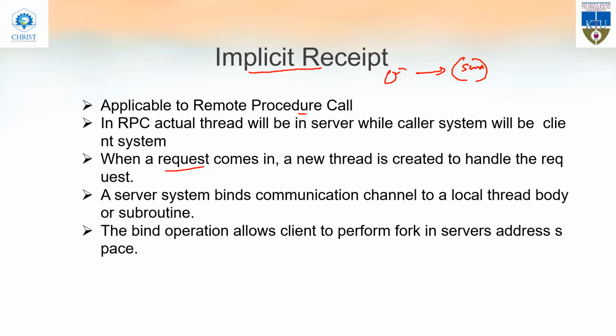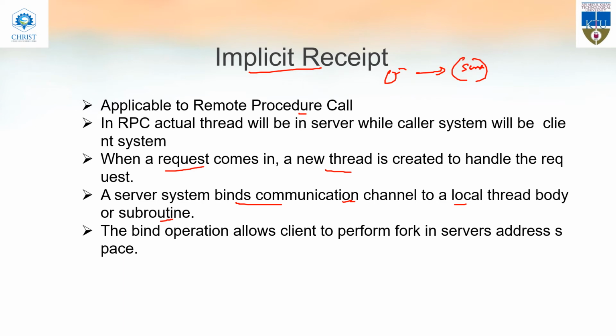A request comes from the client, and the new thread is created in the server system. The server system binds the communication channel to the local thread body or subroutine, so that it can convey the results to the client. So it binds the communication system and also the local thread body or subroutine. The thread is created inside the server, that is the highlight point. It works as an RPC.